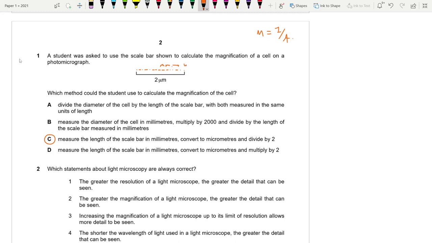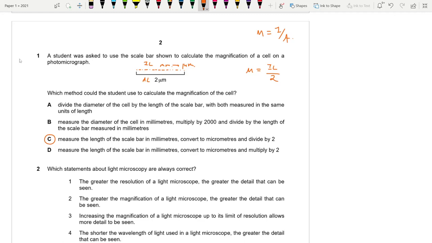Then we are going to convert that to micrometers. So that's the image length, right? And this 2 micrometers is actually the actual length. Understood? So since both of them have the same units, we don't need to convert it anymore, right? And then magnification is equal to image length, the one we just found out using the scale, converted to micrometers, then divide by 2 to get the magnification. That's it.